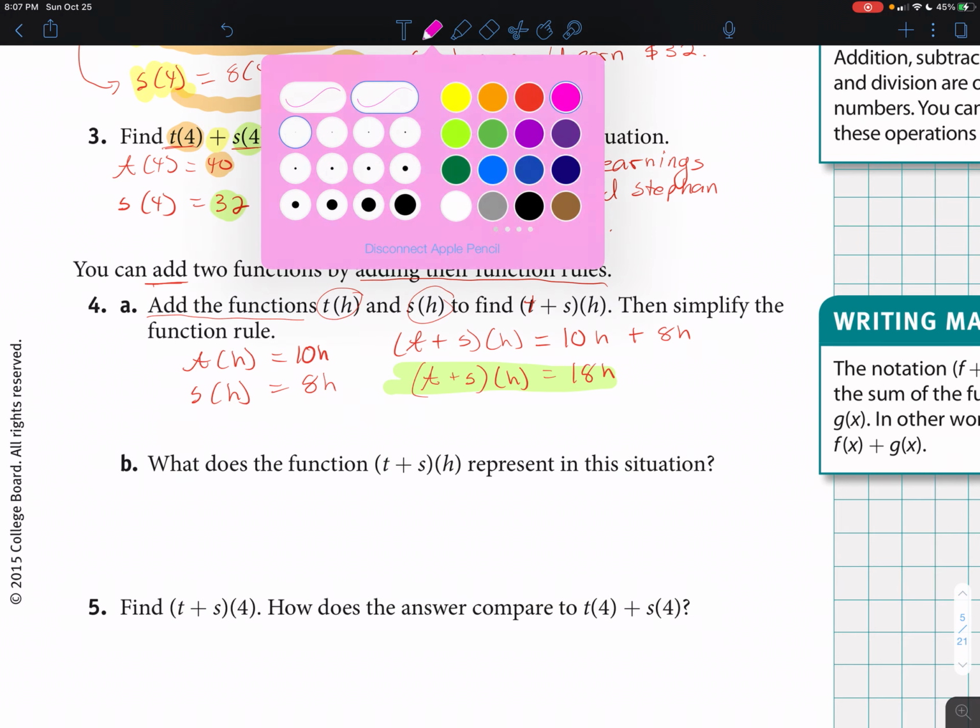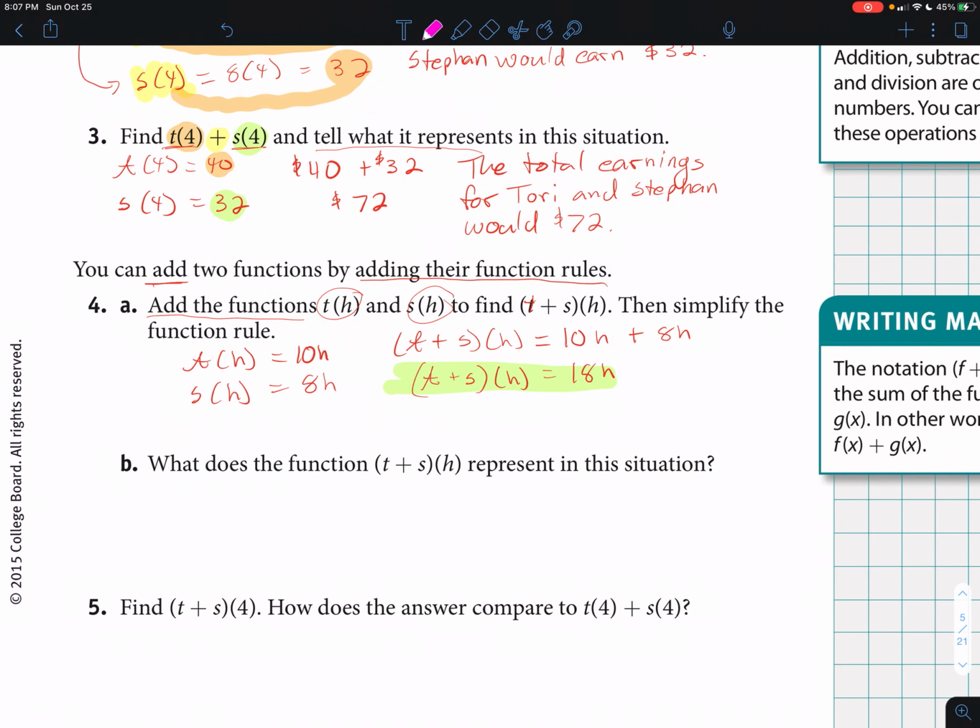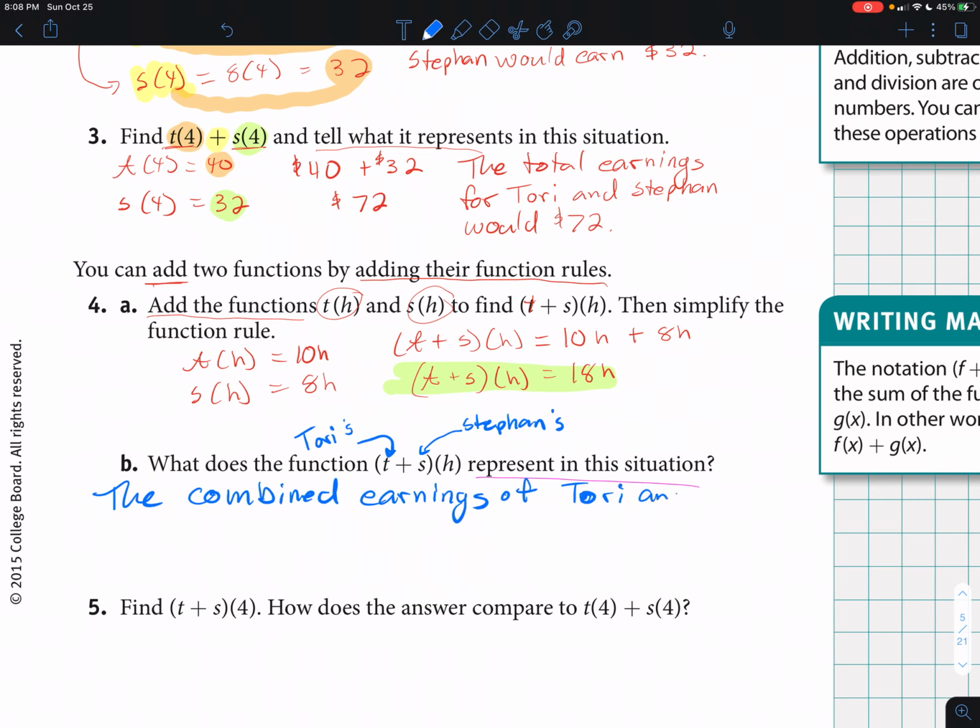Okay, what does the t plus s of h represent in this situation? Let's recall, I've said it before, so I'll just repeat it here. Remember that t represented Tori's earnings, and s represented Stefan's earnings. So if I add their two earnings together, then this would represent the combined earnings of Tori and Stefan.